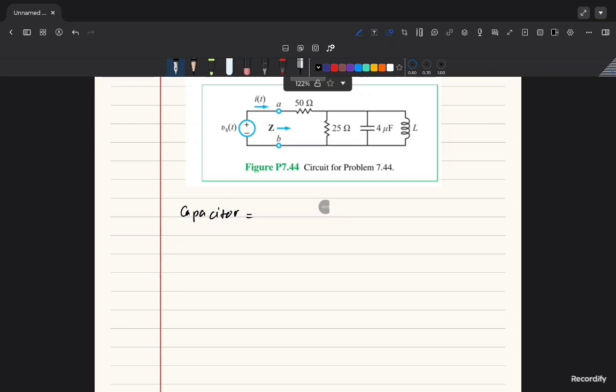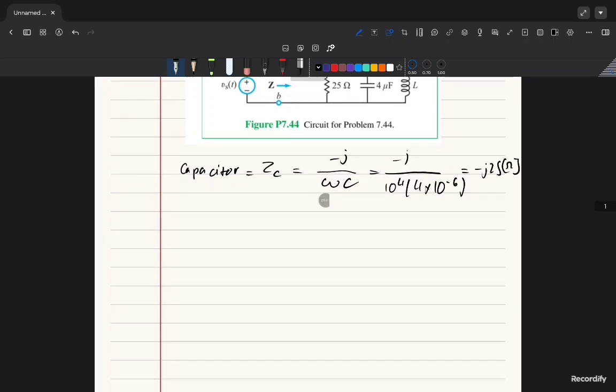The formula for the reactance of the capacitor is ZC equals negative j over omega C. Plugging this into the calculator, we get negative j25 ohms.